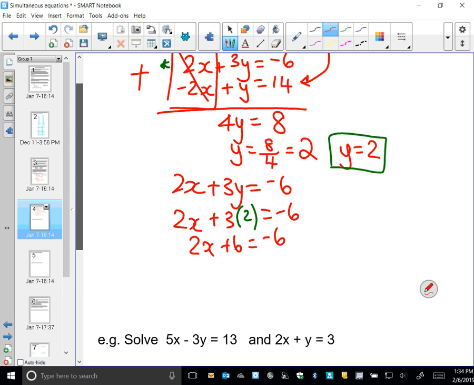What do we do now? We subtract 6 from both sides, yes? So 2x equals negative 6, subtract another 6. So that gives us negative 12, not 0. And then x is negative 12 divided by 2, which is negative 6.